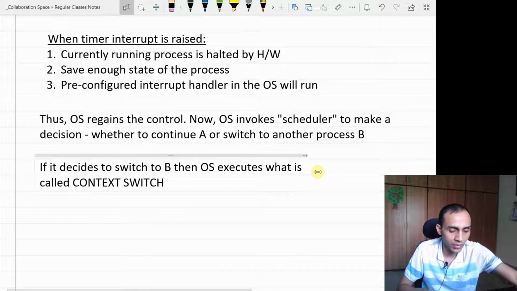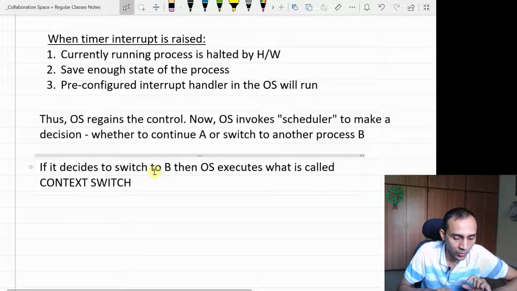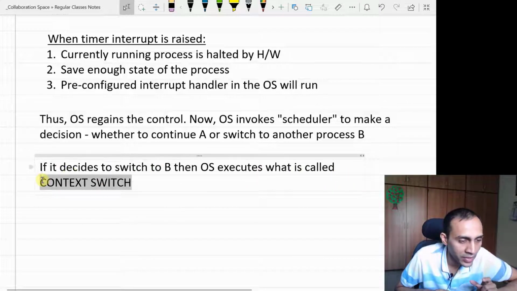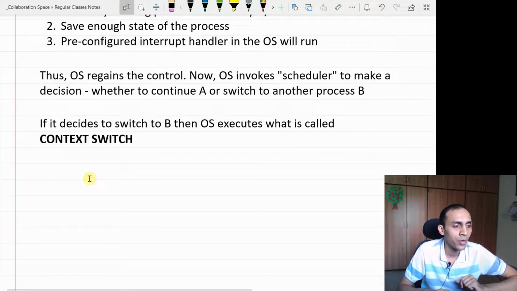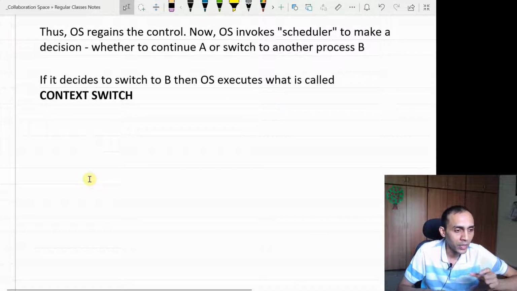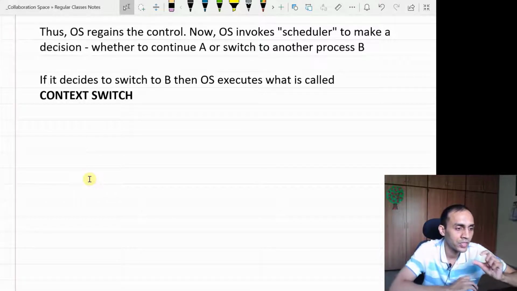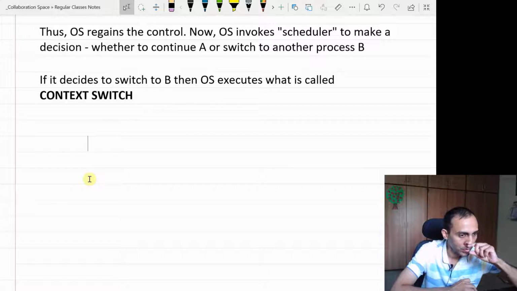As we have already talked about, when process A is running and it itself issues a system call, even then there is some kind of saving of the context of a process. The current state of the process, which is basically called its context, is saved on the kernel stack and so on. We have seen that.